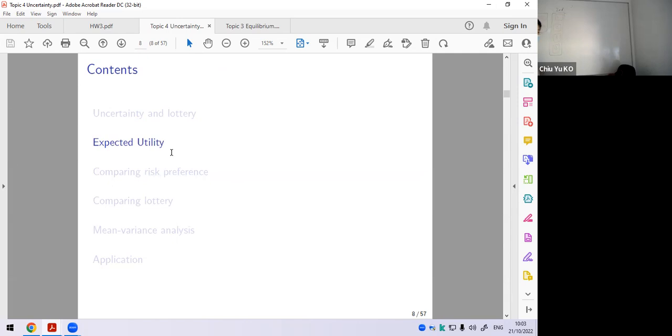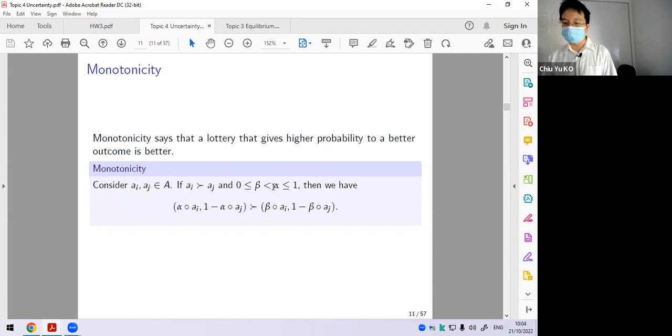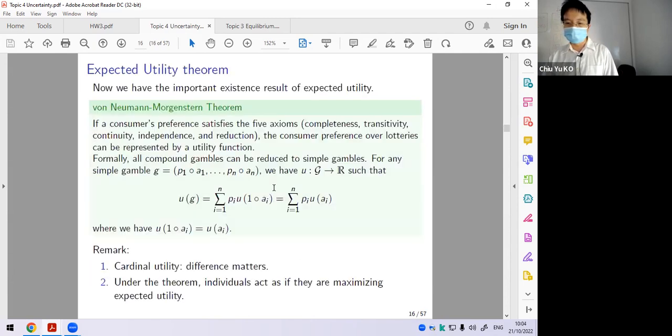Maybe we review the outcome first. There are some assumptions, but I'll let you see the answer first. At the end, what we want is the following. We would have an expected utility, meaning a utility over a gamble, that can be decomposed into the utility over each outcome weighted by its probability.